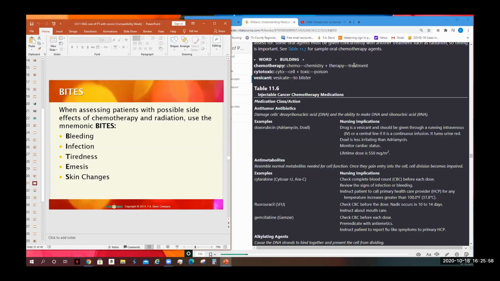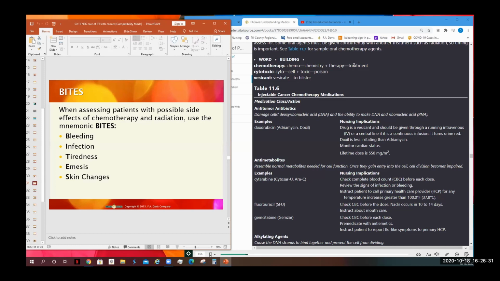Okay, table 11.6, and this is on page 157. Some of the anti-tumor antibiotics damage cells' deoxyribonucleic acid, the DNA, and the ability to make DNA and ribonucleic acid, RNA. Examples would be doxorubicin, also called adriamycin, and Doxil.